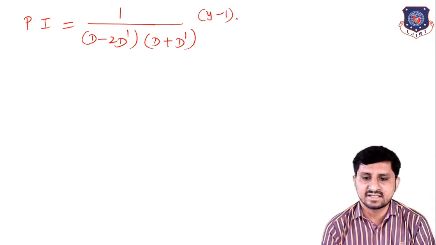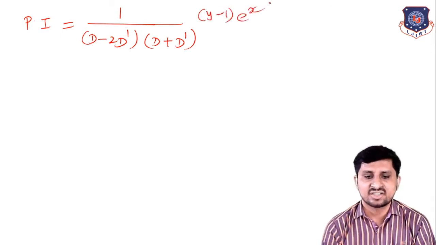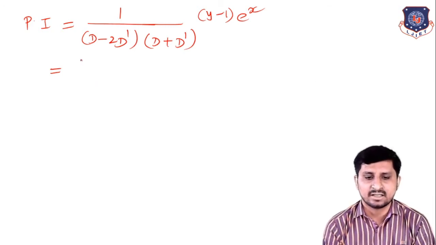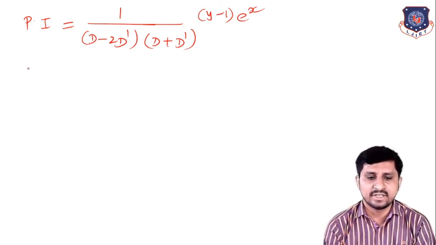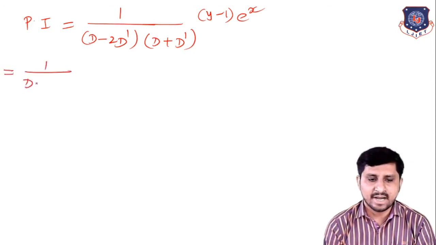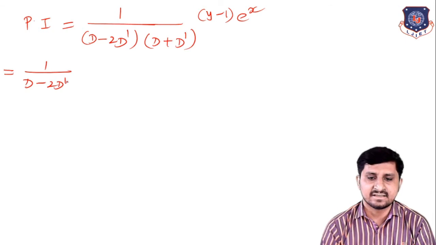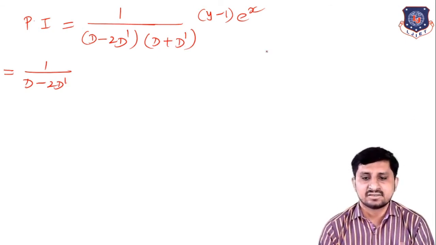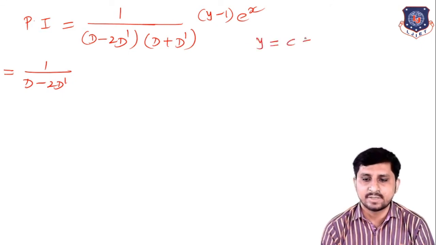Function is y minus 1 into e raised to x. Now one by one operate both the linear factors. So 1 upon d minus 2d dash, let's write here, 1 upon d minus 2d dash as it is. Now I want to first operate d plus d dash. So first of all we have to write, instead of y we have to write c plus x.